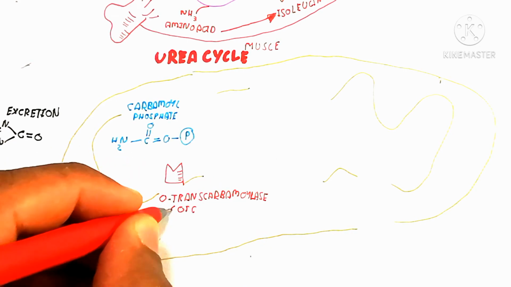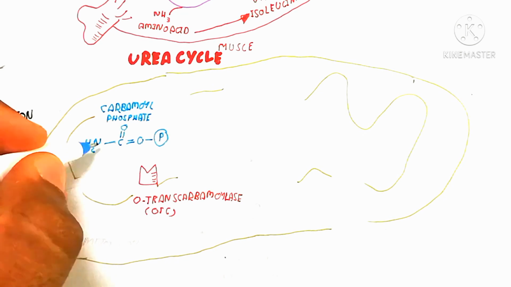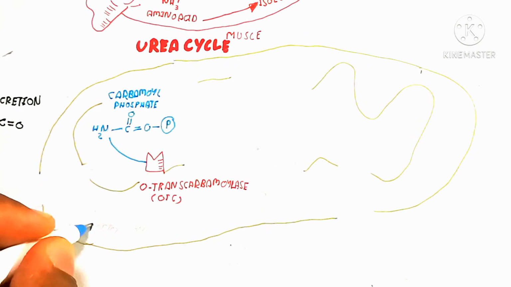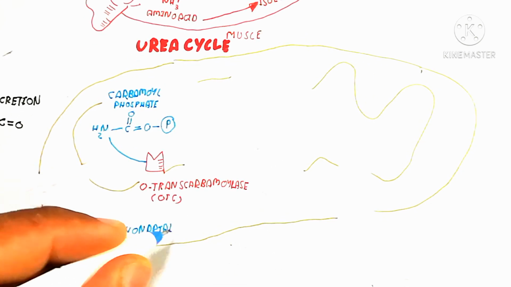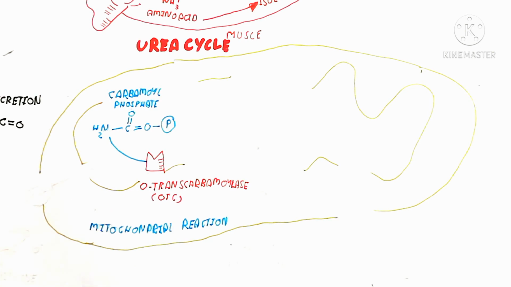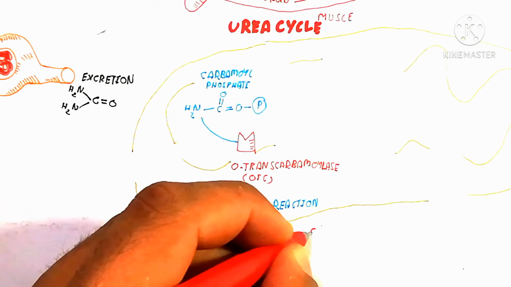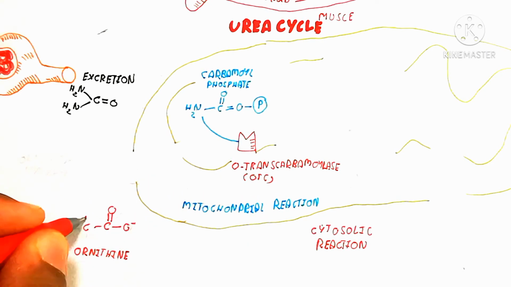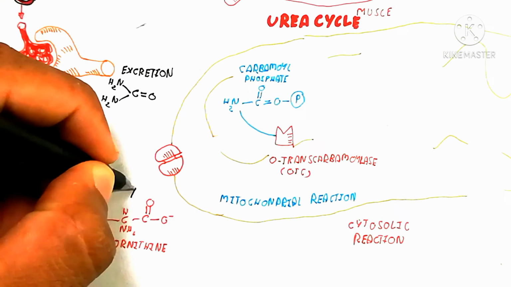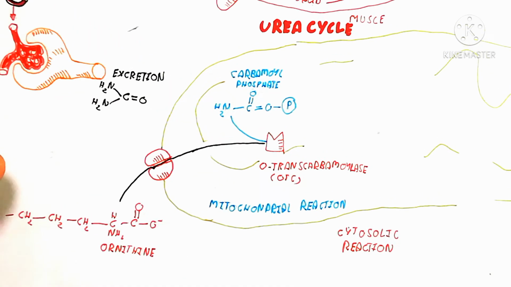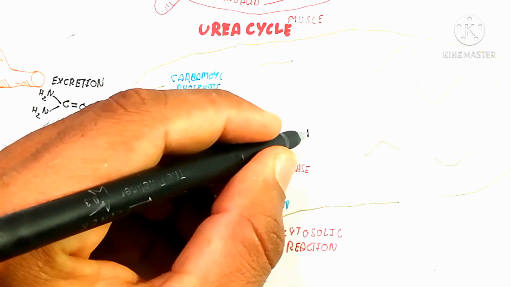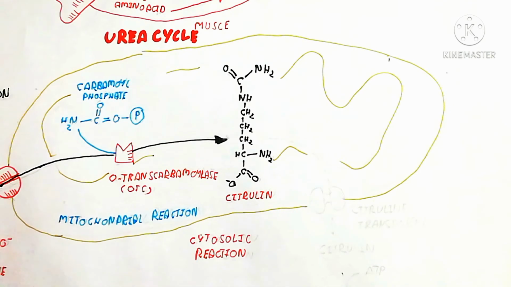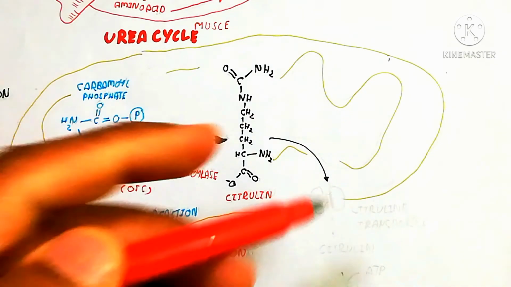Carbamoyl phosphate means the phosphate group is attached to the carbamoyl. So here ornithine transcarbamylase, OTC, will bind, and ornithine enters from the cytosol through its transporter, and the combination produces citrulline, and this citrulline is transported out of the mitochondria.